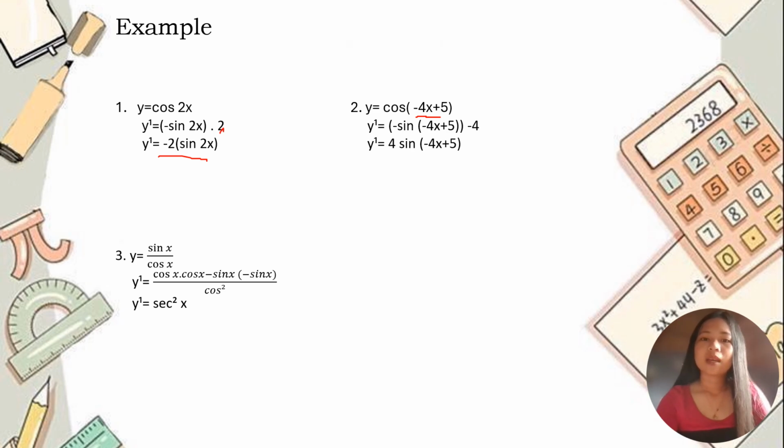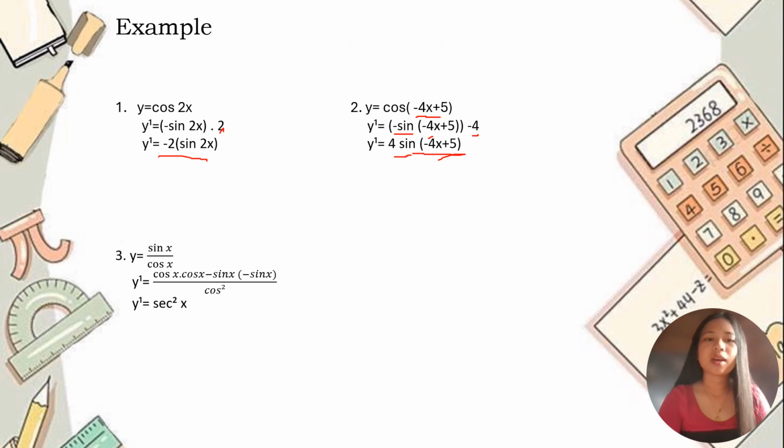Next we multiply this to the negative sign, so negative 4 times negative sine gives positive 4 sine. Then copy this, so we get y prime is equal to 4 sine of the quantity negative 4x plus 5. Did you understand? Okay, let's proceed to number 3.